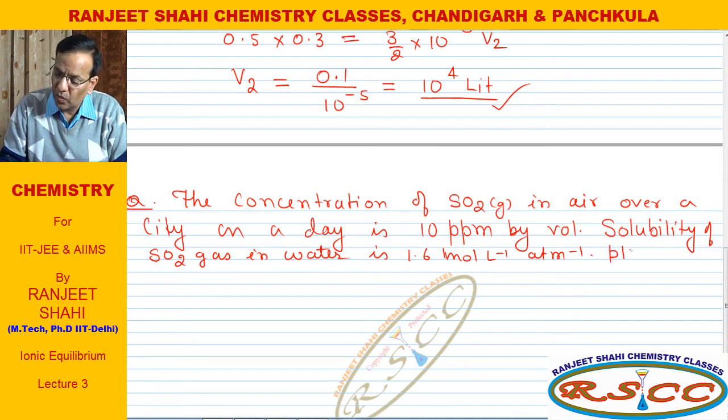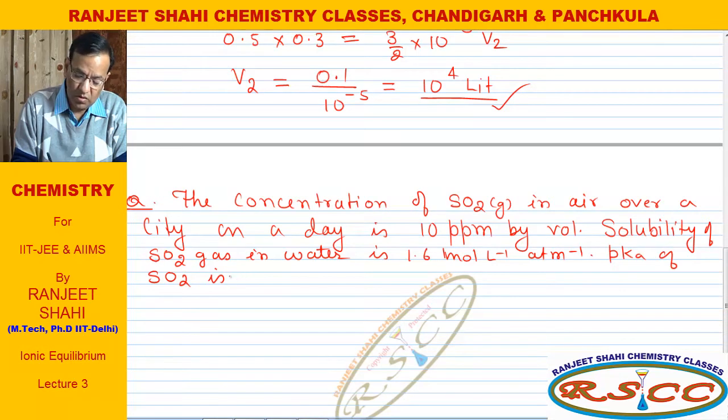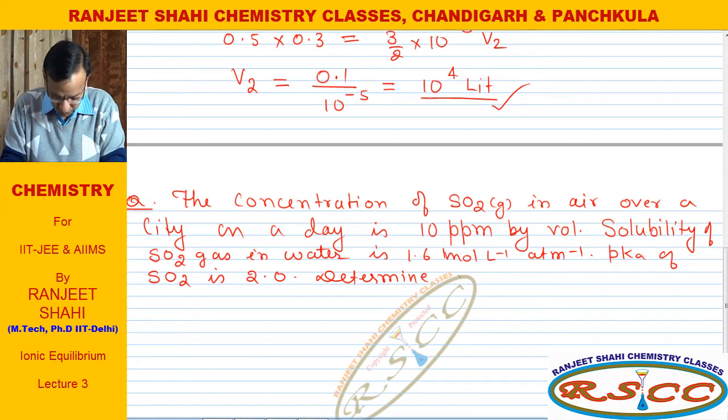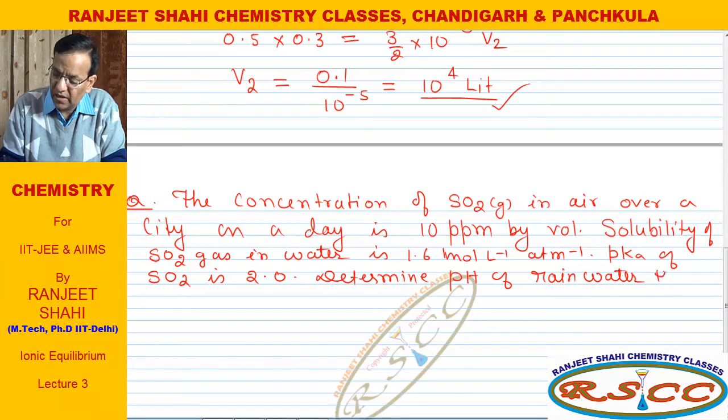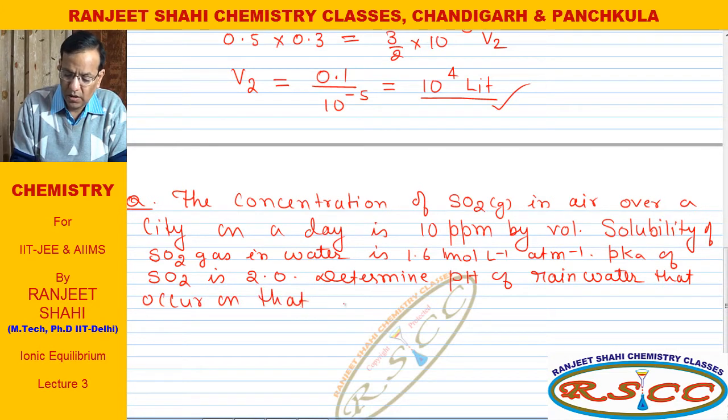Also pKa of SO2 is 2. Determine pH of rainwater that occurs on that day.